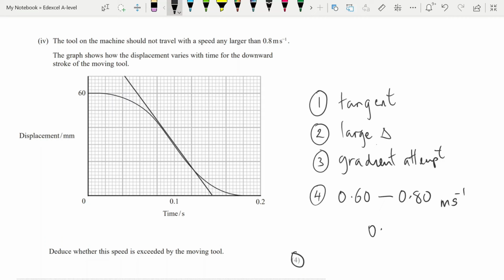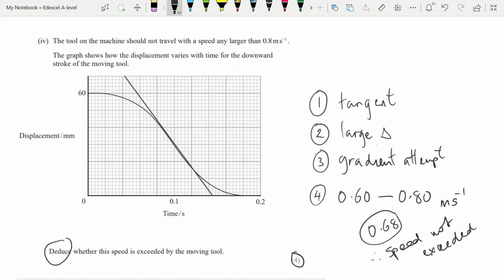They're expecting an answer of 0.68, but that is the range that they give you. So again, that is the range that you'll be allowed your tangent to sit within. And of course, you need to have a conclusion at the end of this and to say that therefore the speed is not exceeded. Remember, anytime you see deduce, you have to draw a conclusion at the bottom of your question or you will not get that fourth mark.